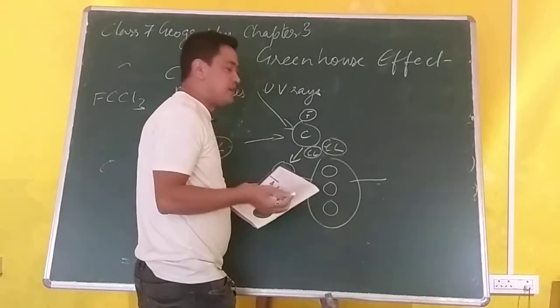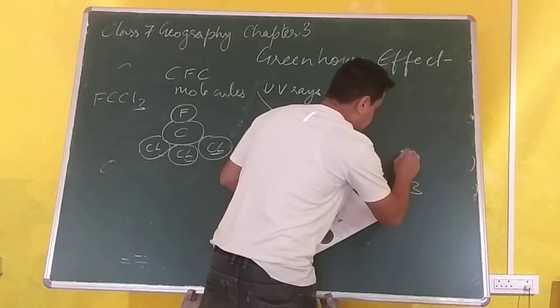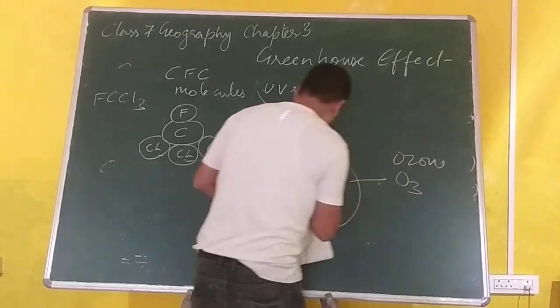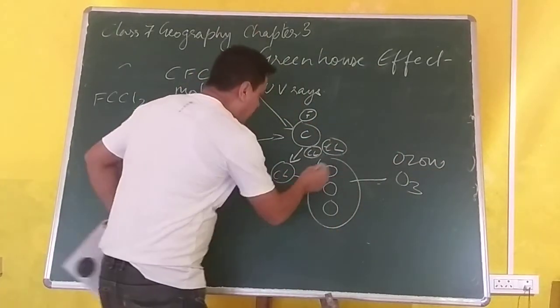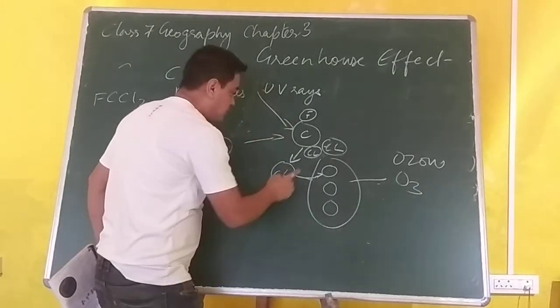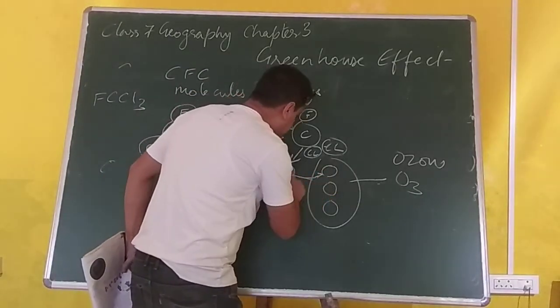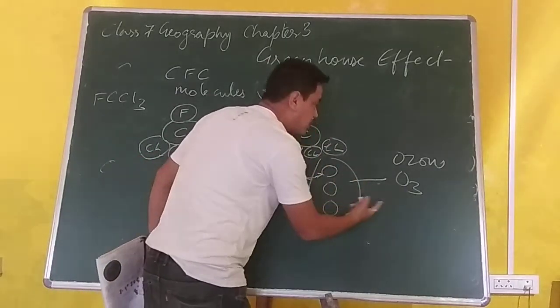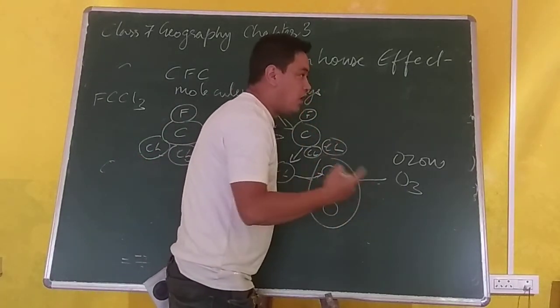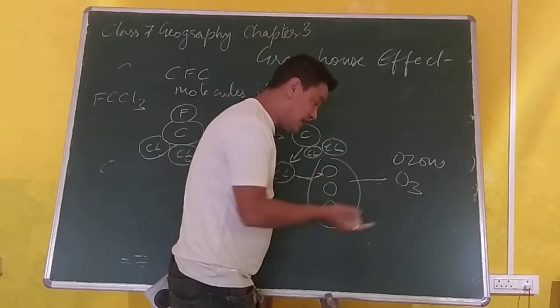So ozone is made of 3 oxygen atoms. This is known as ozone. So when the chlorine attacks the oxygen, it eats away the oxygen. So this chlorine is the reason which is slowly destroying our ozone layer.